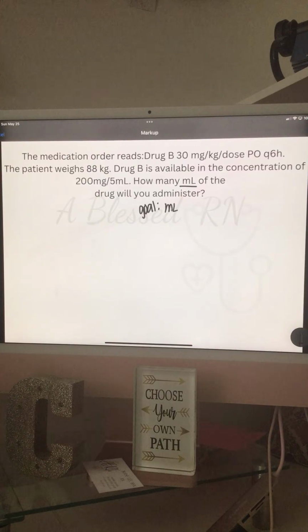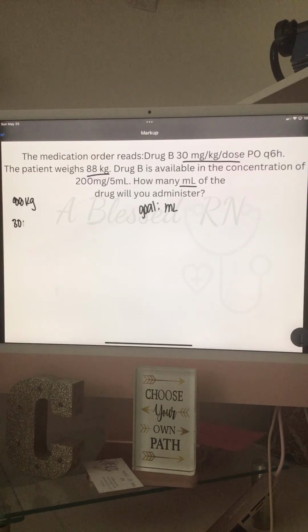So when it just says milliliters and it doesn't say per day, per minute, per hour, what's the name of the class? Dose calculations. So if it does not have any indication on how much or how often, like, is it for the whole day? Is it for this much time? Calculate for one dose, okay? So drug B, we got our prescription. So we need the 3 P's. We need our patient's weight, we need the prescription, and we need the product, which is your medicine, okay? So 88 kg is our patient's weight.